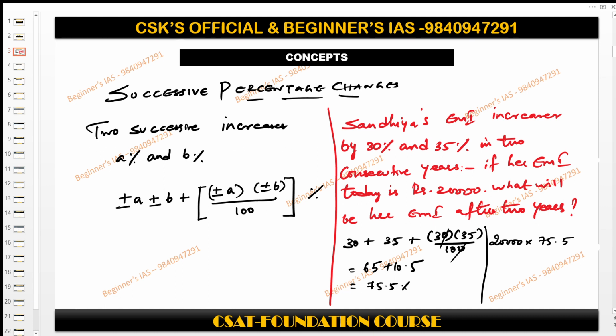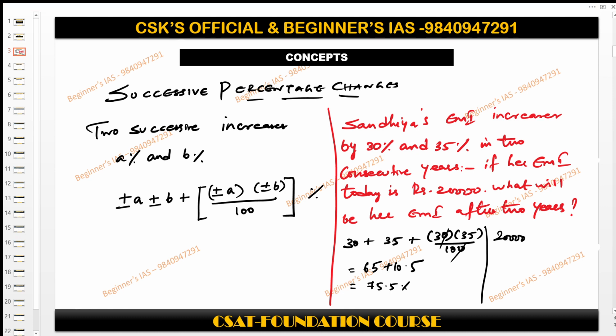You can calculate in this way also: 20,000 into 75.5, this much increase. So after 2 years, you need to add the resultant amount to the 20,000. This is one way. Listen carefully. Another way is you can directly calculate the EMI.